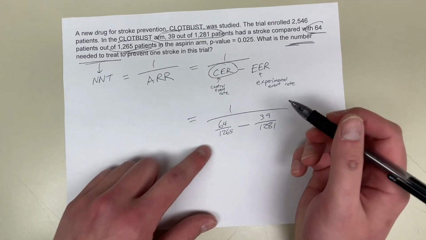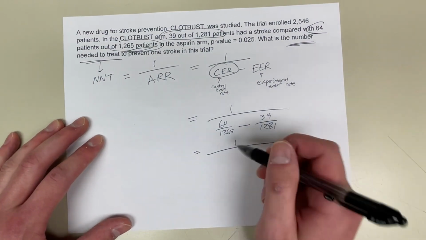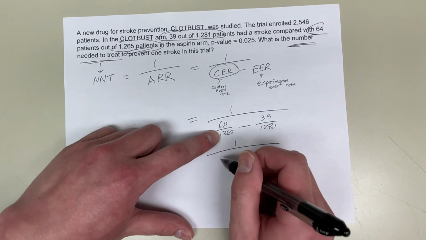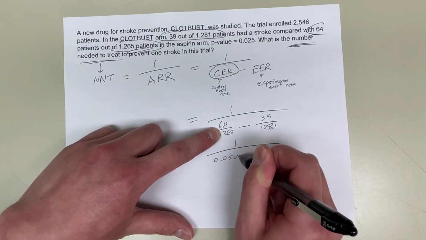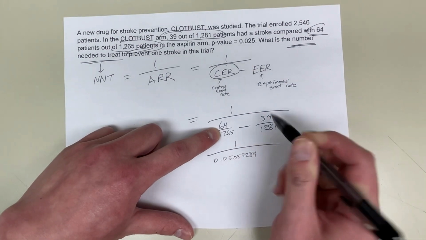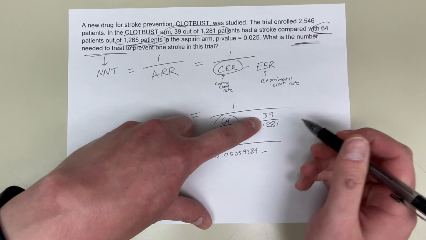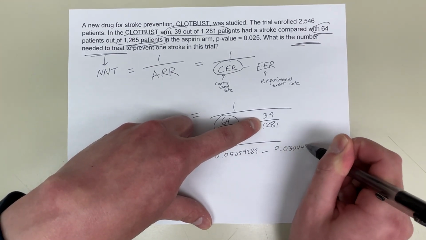And so when you solve for this, remember you're going to have a really basic calculator, so you just have to type in 64 over 1265 in your calculator, and that would be 0.05059289. Subtract that by 39 over 1281, which equals 0.030444496.